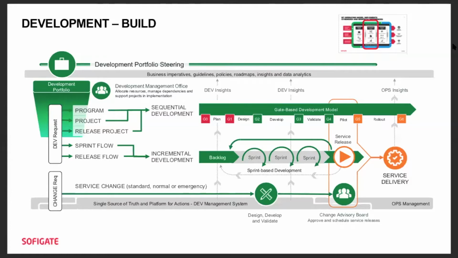The entire change of all of these is governed by a gate-based model, which has, depending on the organization, a certain amount of gates which are followed. And the handover to operations is as well governed by a change advisory board.